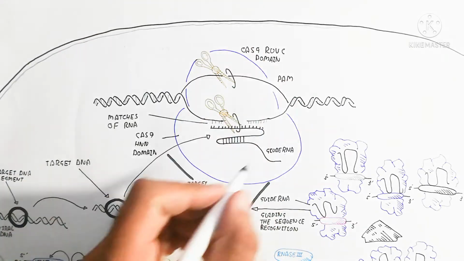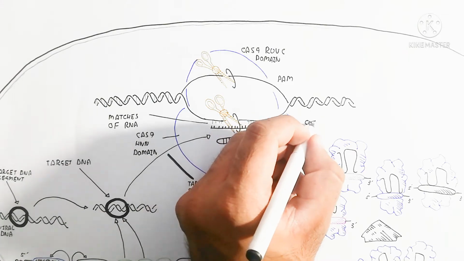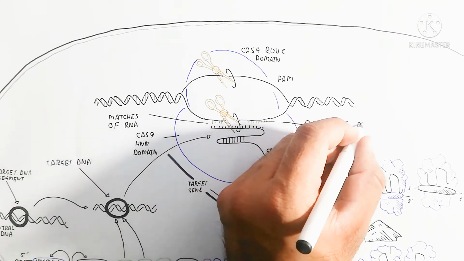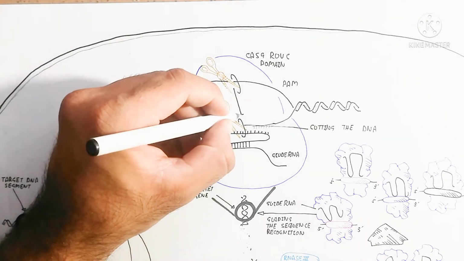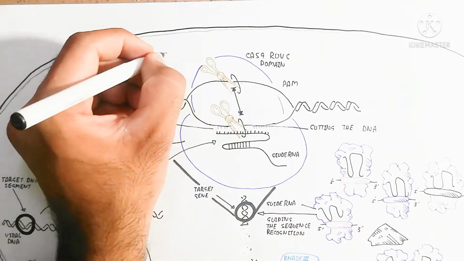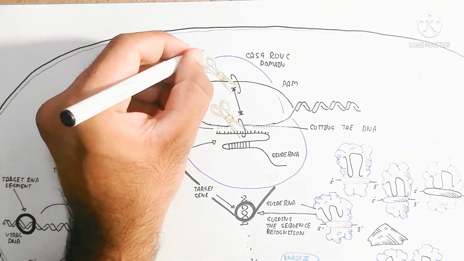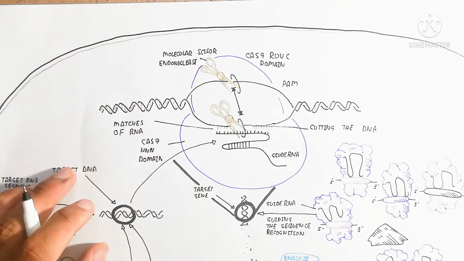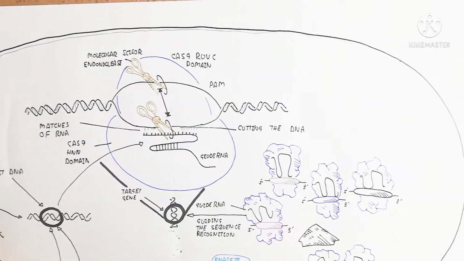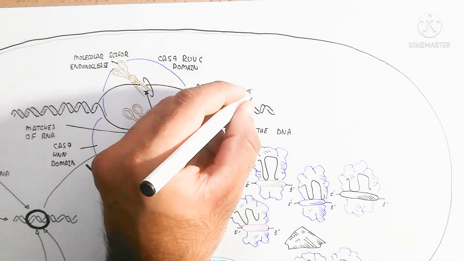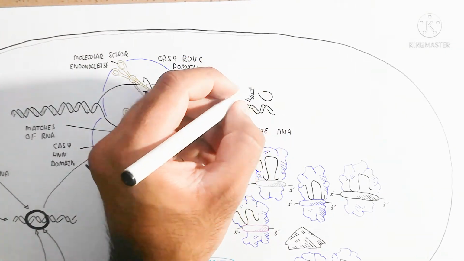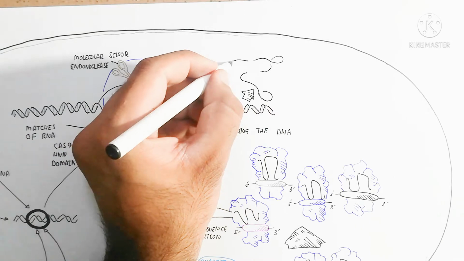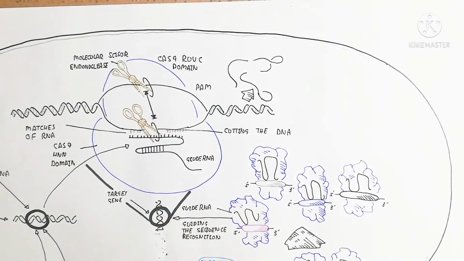The molecular scissors are the endonuclease enzyme used for cutting. So here is the cutting, and the Cas9 HNH domain is on the side where the guide RNA is present, on the viral DNA. Helicase enzyme is used to unwind and bind with the guide RNA to cut the DNA.